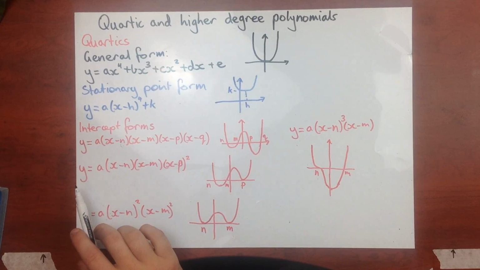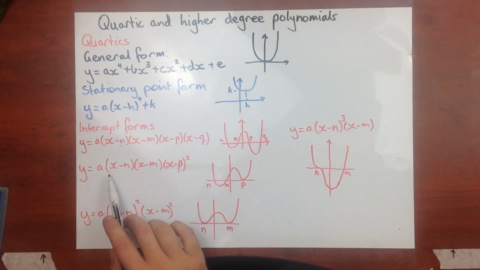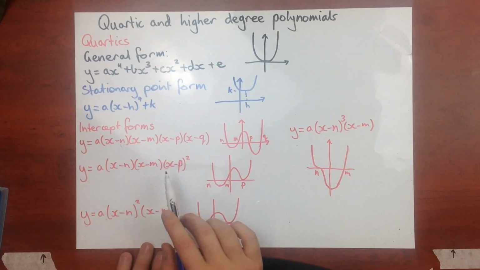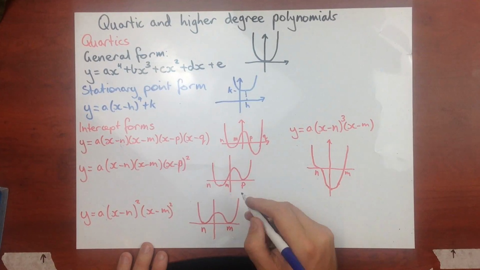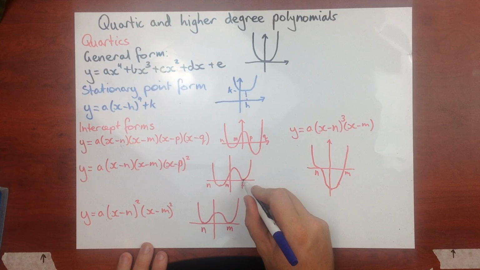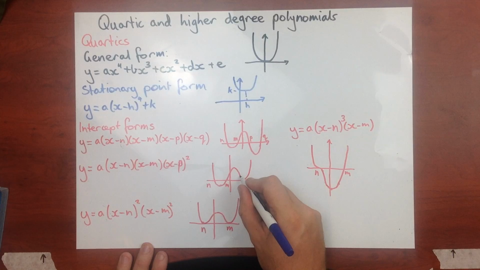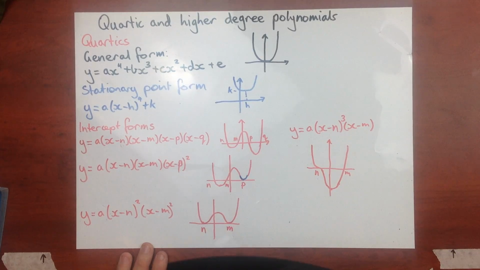When we have y equals a outside of x take n times x take m times x take p squared, that squared one, again, is just going to be touching a turning point on the x-axis. And again, it's squared, so it looks like this parabola type shape.